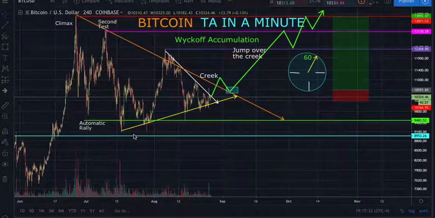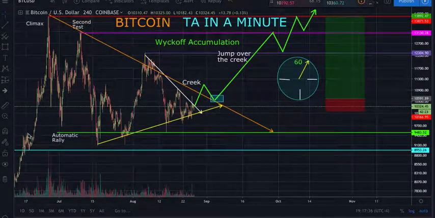Typically you'll come down to the peak before the climax, but in this case we just made it to a smaller peak here, which is perfectly fine as well. So then we put in this descending triangle, and then all of a sudden we break out of it, giving people the impression that we're moving to the upside. But then again, the rally fails, we get a lower high, come back down.